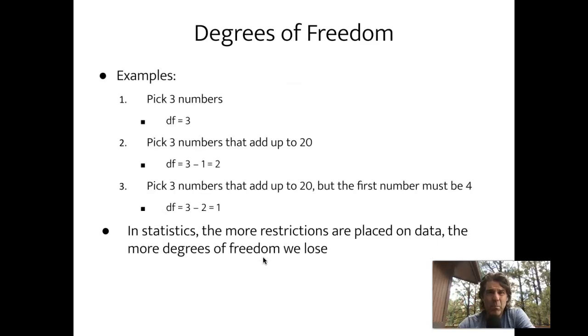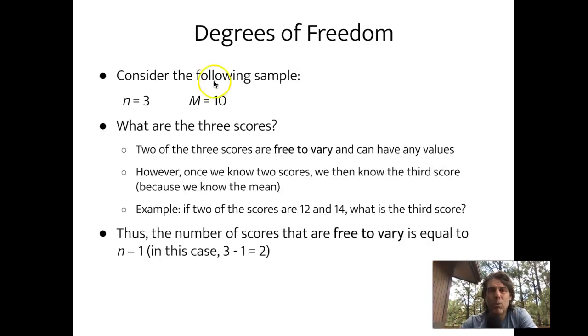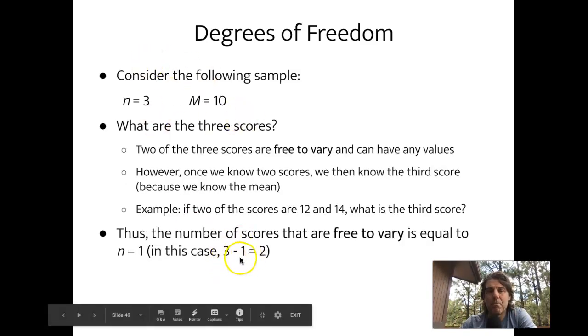Let's say I said, pick 3 numbers. Again, you should be able to come up with an infinite number of combinations of 3 numbers, all right? As it turns out, when I say pick 3 numbers, I have put no restrictions on the data. So how many degrees of freedom do we have? N minus 0, because there are no restrictions. So that n minus 1 that we had before, why is it 3 minus 1?